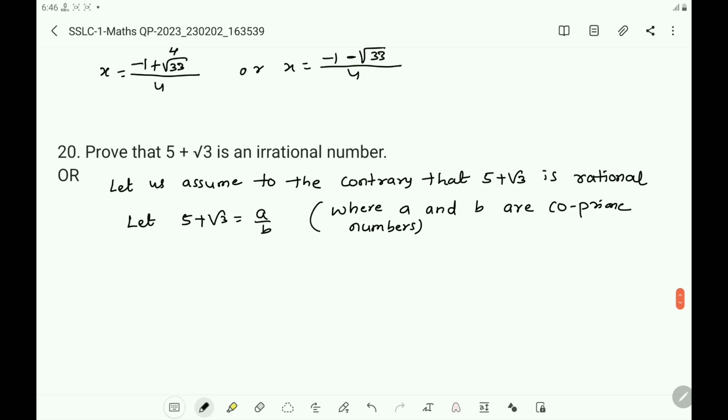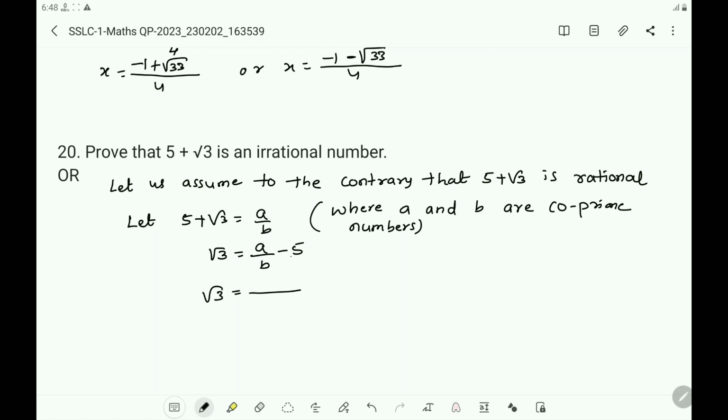Now we transfer this 5 to the RHS. You know that 5 is a rational, and also you know that root 3 is irrational. It is already proved. So you take root 3 equals a by b minus 5. Then root 3 equals, here you take the LCM. Then what is the LCM?